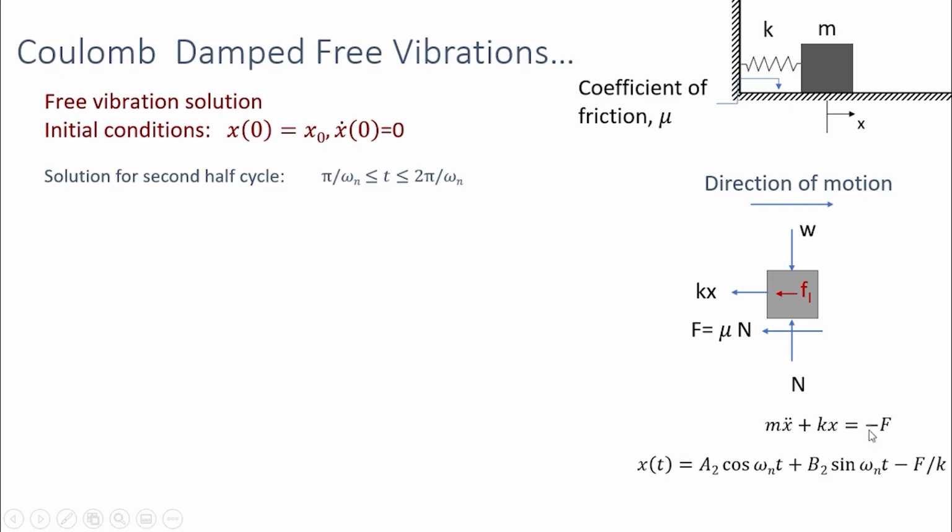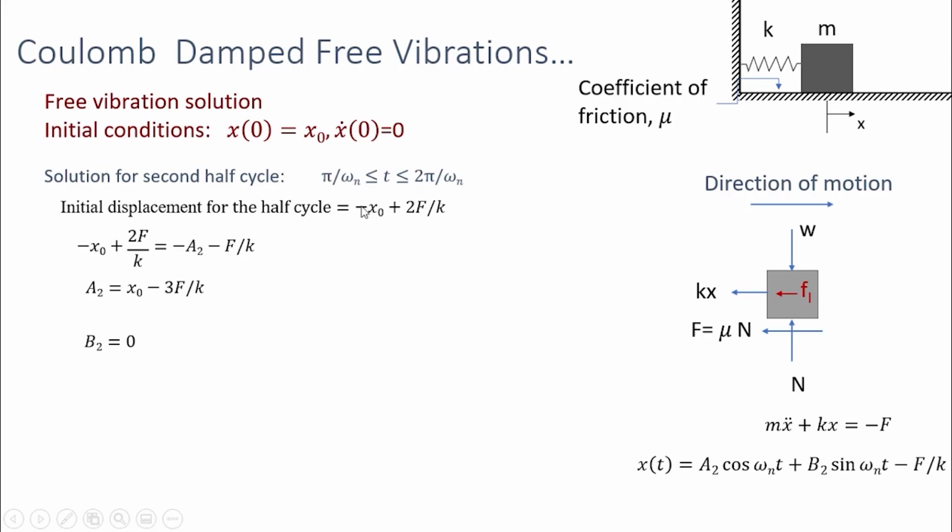So the equation of motion is this, and the solution is this with a negative F by k term. The initial displacement for this half cycle is equal to the displacement at t is equal to pi by omega n, which we found out from the first half cycle. That was equal to minus x naught plus 2F by k.